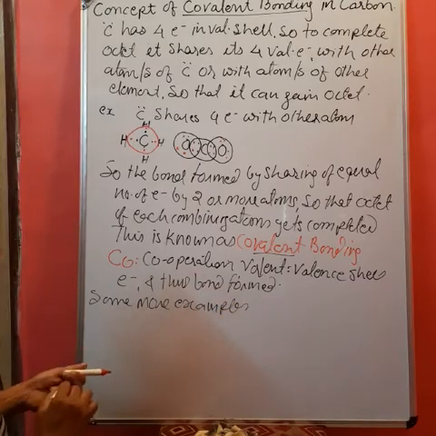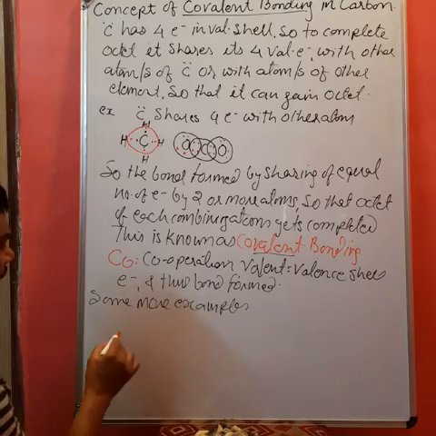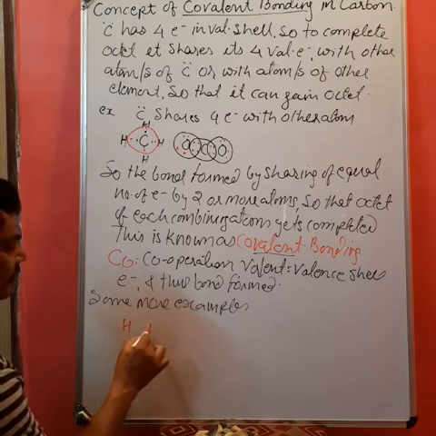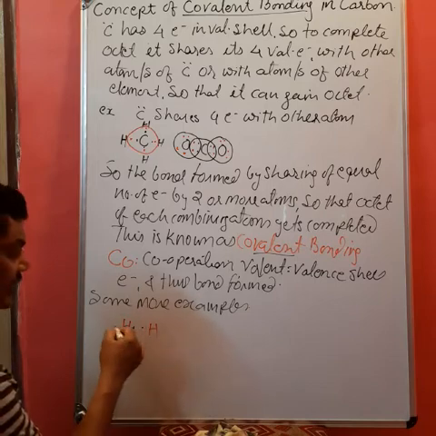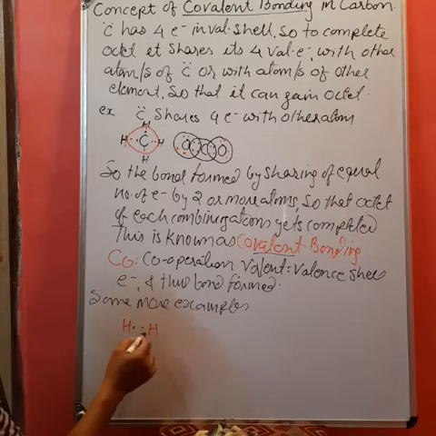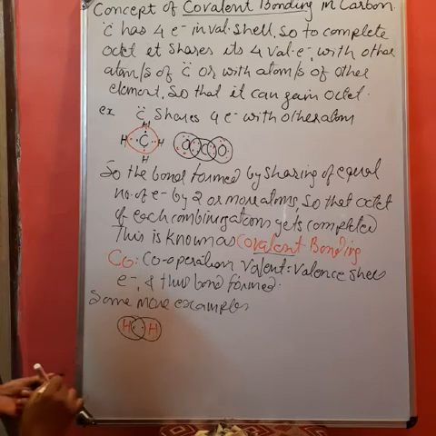Now you have already studied, however I am giving some more examples. The 2 hydrogen atoms each have 1 electron. That is, they do not have duplet configuration, so they share one electron each. That means now each hydrogen has 2 electrons.